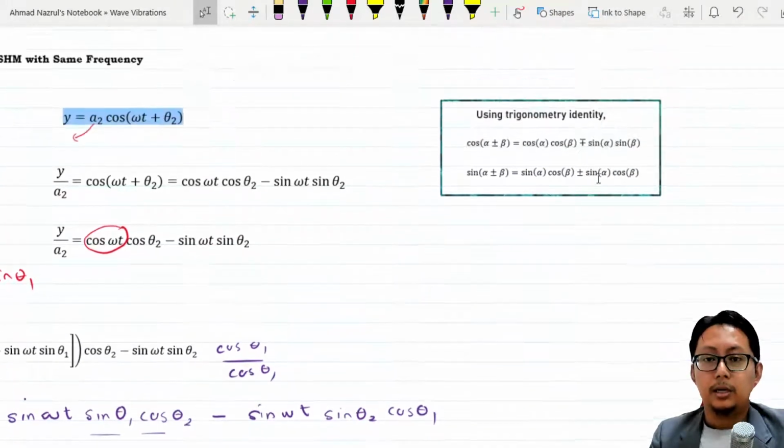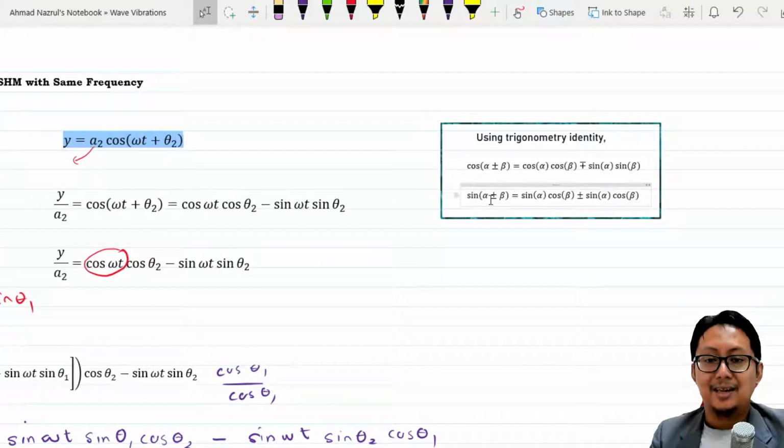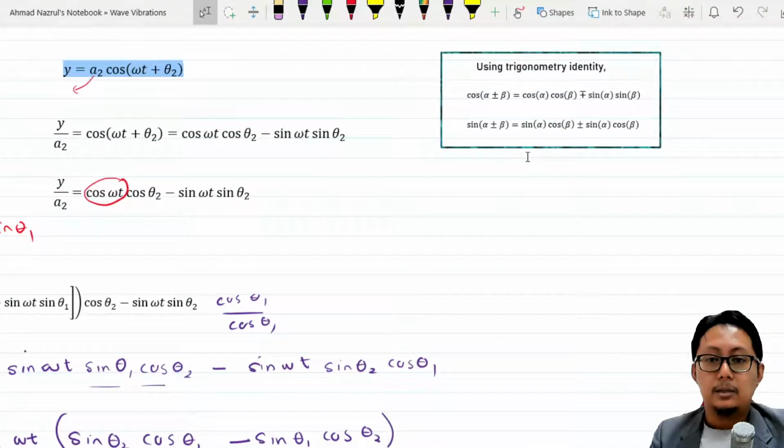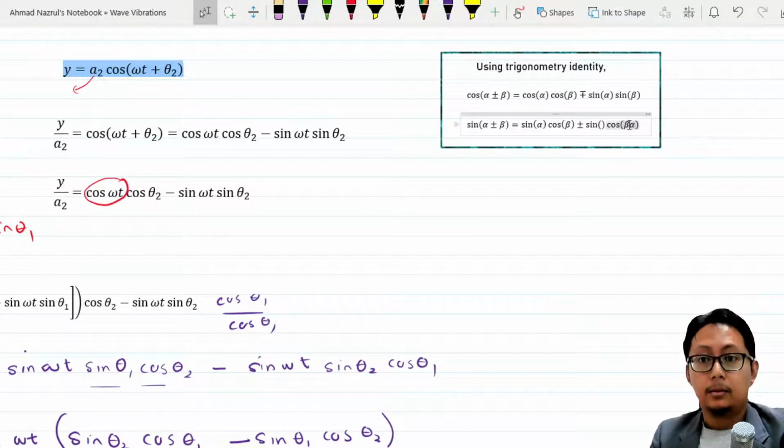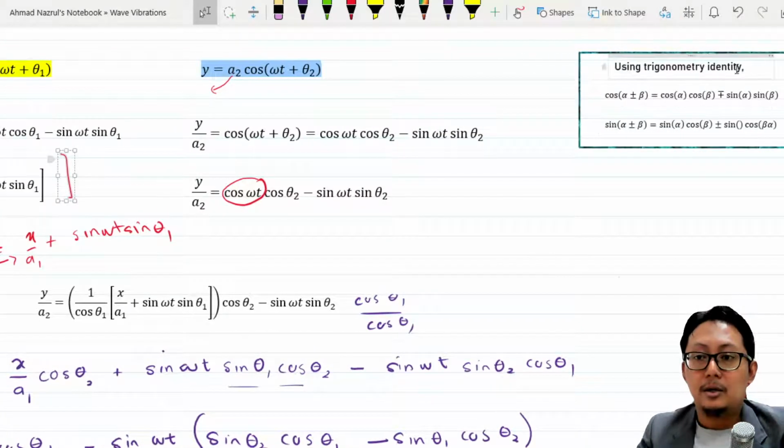Okay, so you can see at the top we have sin A cos B minus sin B cos A. Okay, some mistake here.